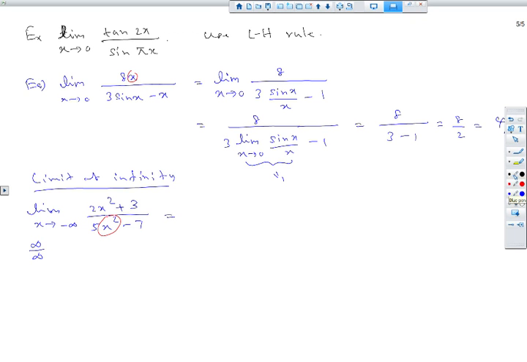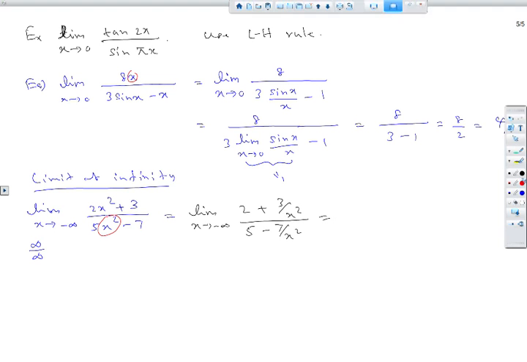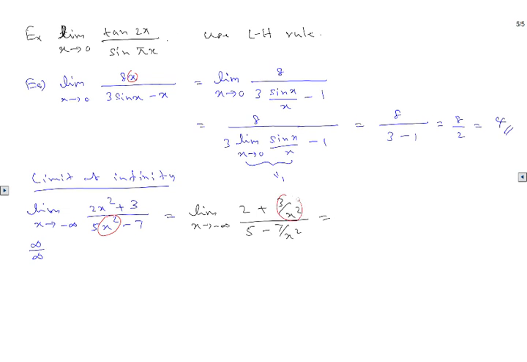If you do that, the limit as x goes to negative infinity, dividing by x squared, gives 2 plus 3 over x squared, over 5 minus 7 over x squared. But we know that when x goes to infinity or negative infinity, terms like this go to 0.